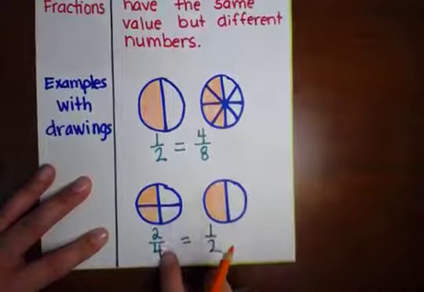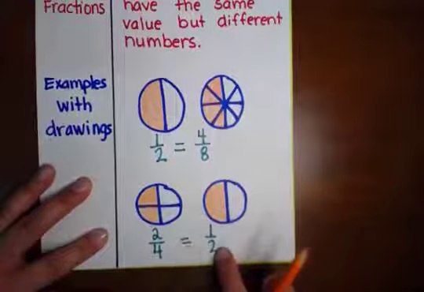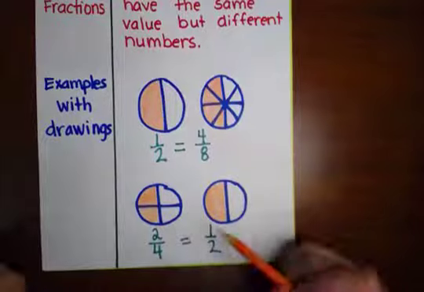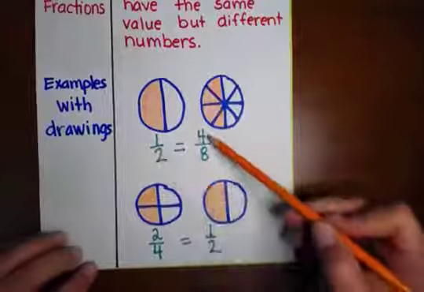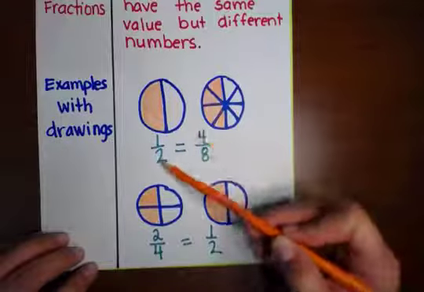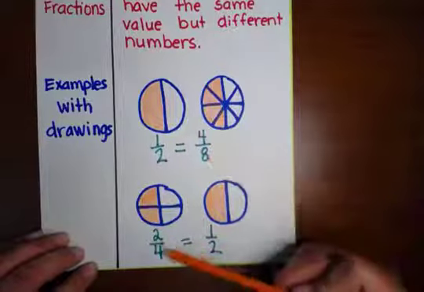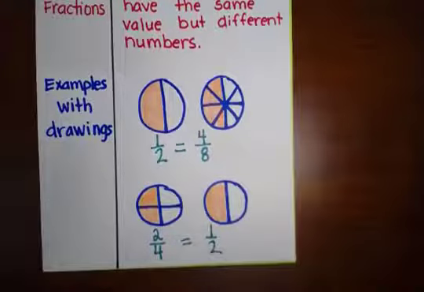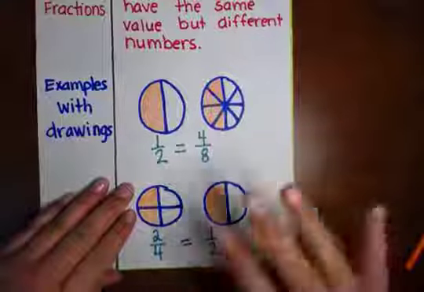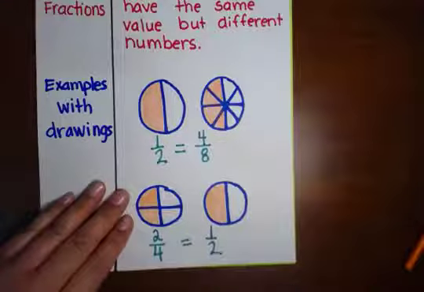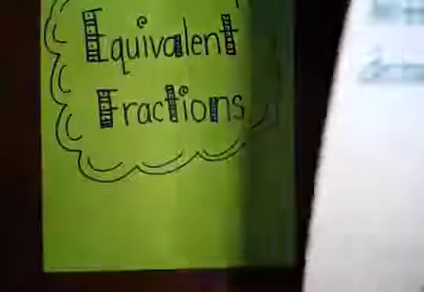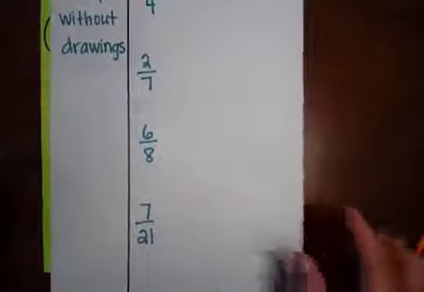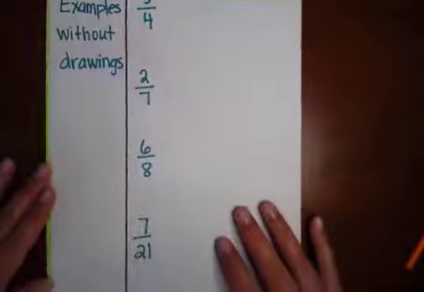So 2/4 is equal to 1/2. And actually, if you look at all the pictures, 1/2, 4/8, and 2/4 are all equivalent fractions because they all have the same value. Now these are equivalent fractions with a picture. Now I have some examples that we're going to work on without drawings.